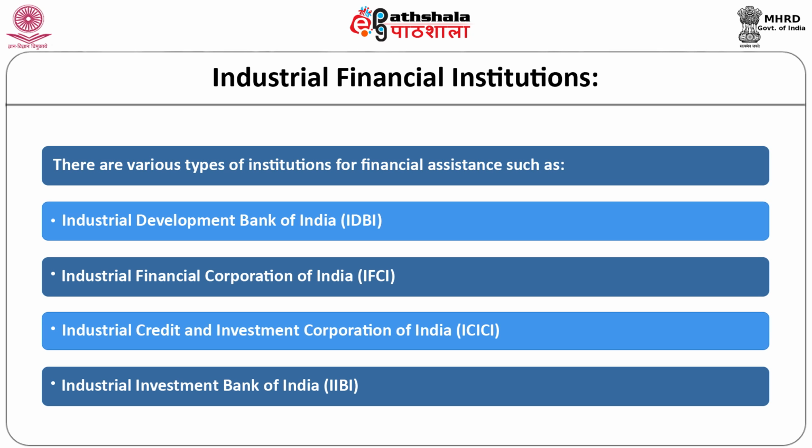IDBI, or the Industrial Development Bank of India, as the apex institution, coordinates the activities of various other institutions. Some other investment institutions like UTI, United Trust of India, LIC, Life Insurance Corporation of India, and GIC, General Insurance Corporation of India, and its subsidiaries make investment and financial assistance.